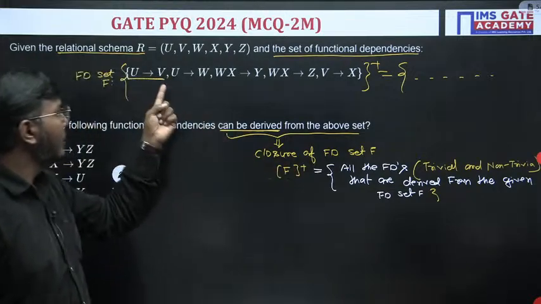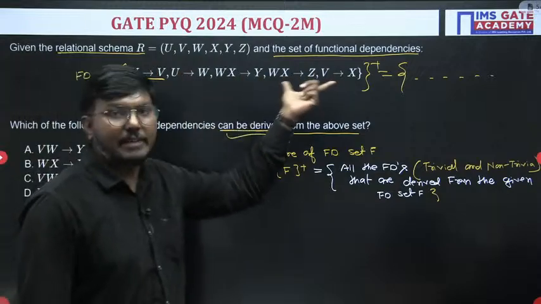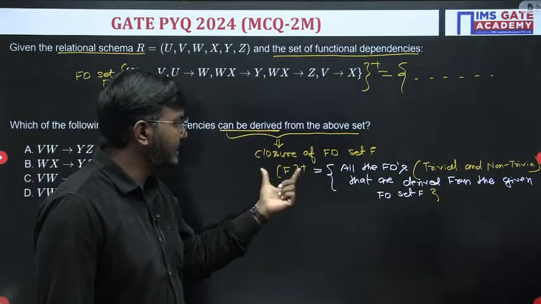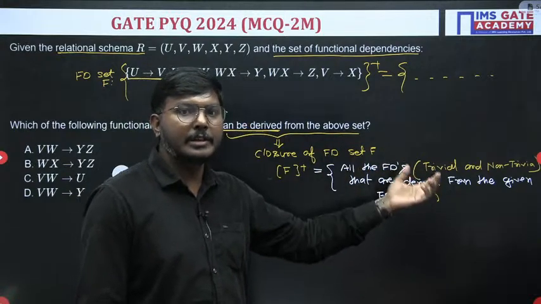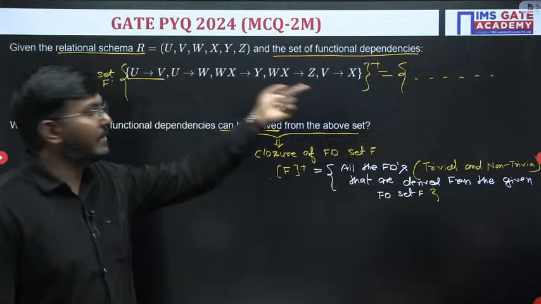Let's assume we have 5 FDs in the FD set. If I take the closure of the FD set, it will contain all types of FDs, trivial or non-trivial, that can be derived from these given FDs.